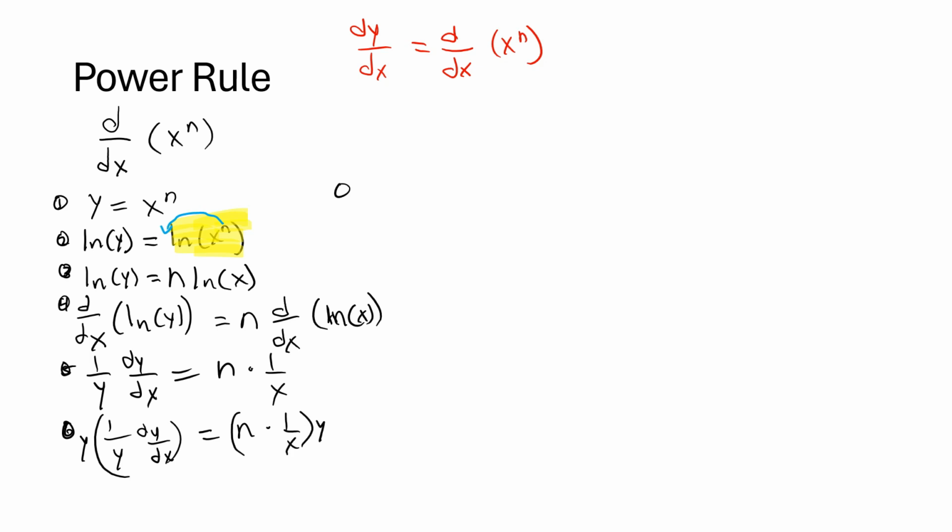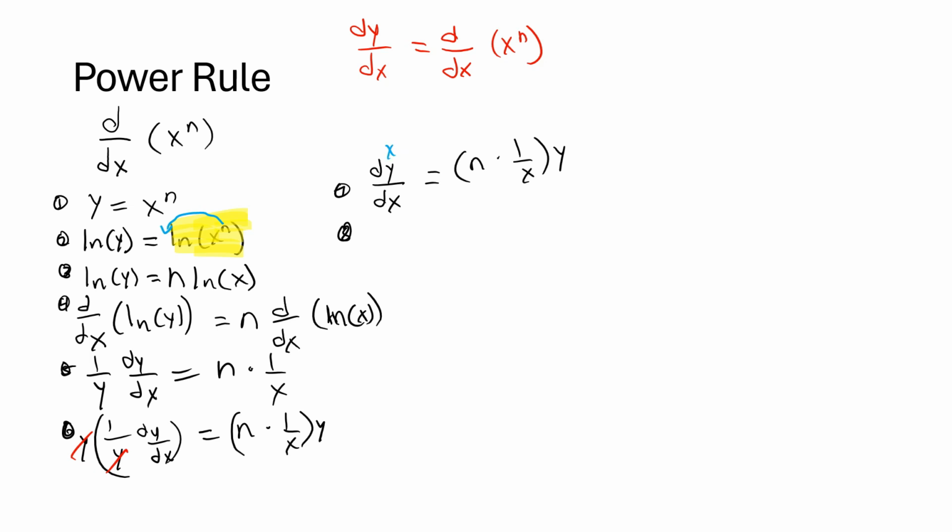So then our seventh step here, and of course these y's will cancel, is dy by dx equals n times 1 over x times y. So now we're going to do the substitution here. The eighth step, just substitute y in for x to the n. This will be x to the n.